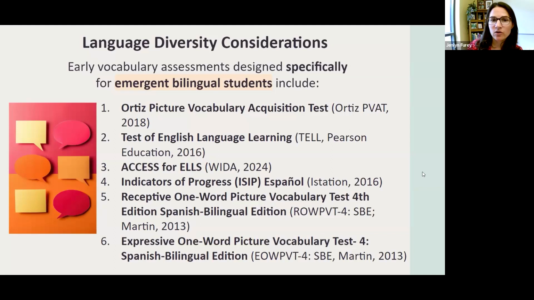The Ortiz Picture Vocabulary Acquisition Test is also appropriate and has a separate norm group of native English speakers, but they also have a stratified group of emergent bilingual students. And then the last 3 that are listed are specifically for students who are bilingual in Spanish, and they're measures that can help us get a better sense of their vocabulary skills in Spanish when compared to other Spanish-speaking students.